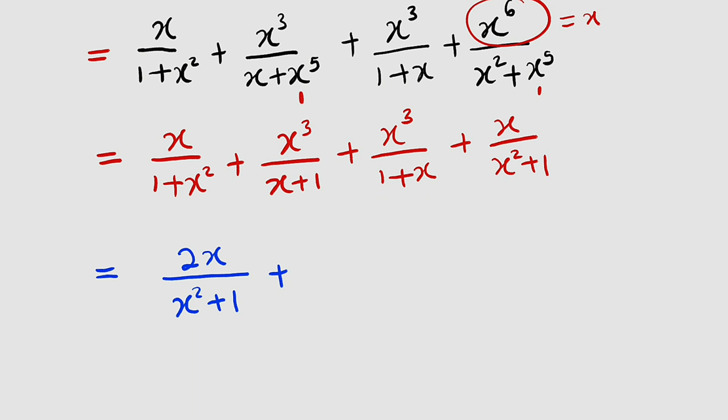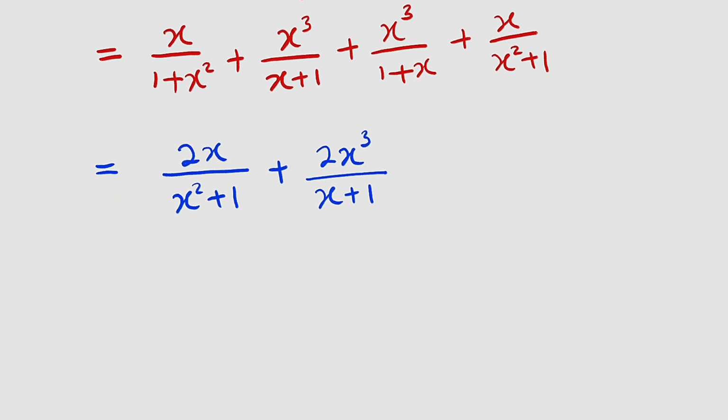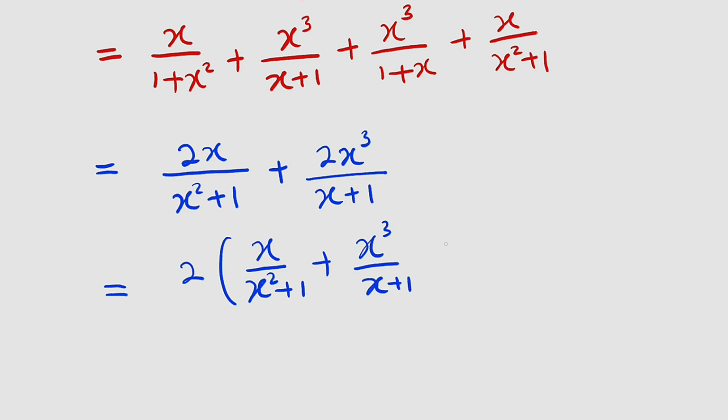So we add the numerators, x cubed plus x cubed will give us 2x cubed divided by x plus 1. You can see both numerators have coefficient of 2, so we can bring it out. This is equal to 2 multiplied by the whole of x divided by x squared plus 1, then plus x cubed divided by x plus 1.